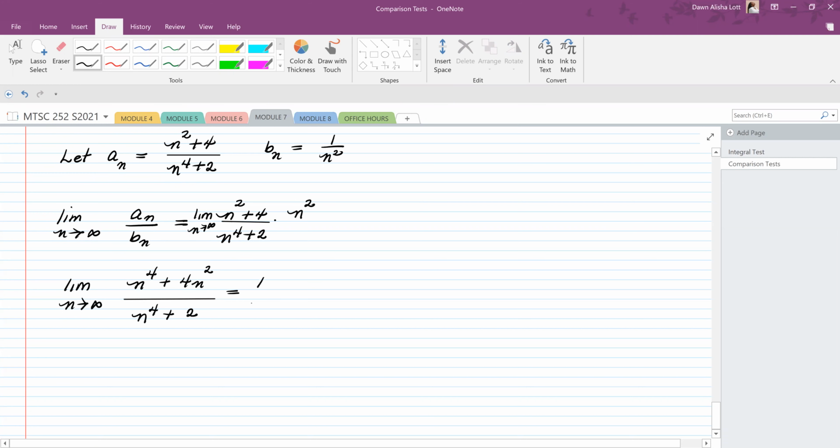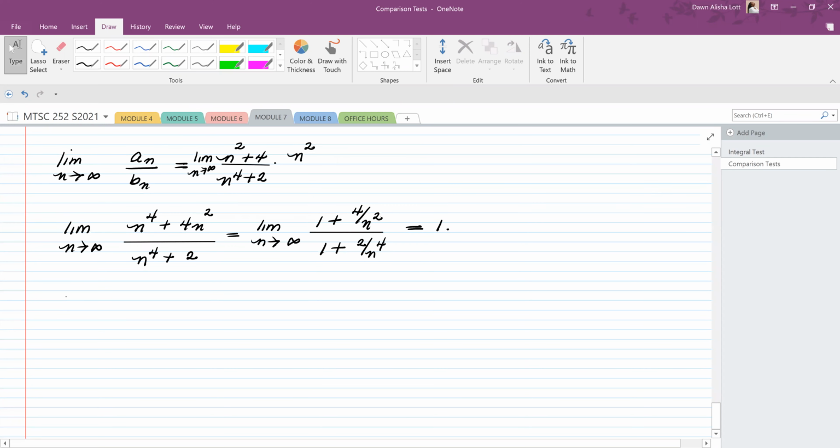Again, you can use L'Hopital's rule 4 times if you wish. Or you can divide everything through by n to the 4th, and you get 1 plus 4 over n squared over 1 plus 2 over n to the 4th. And that limit is 1.